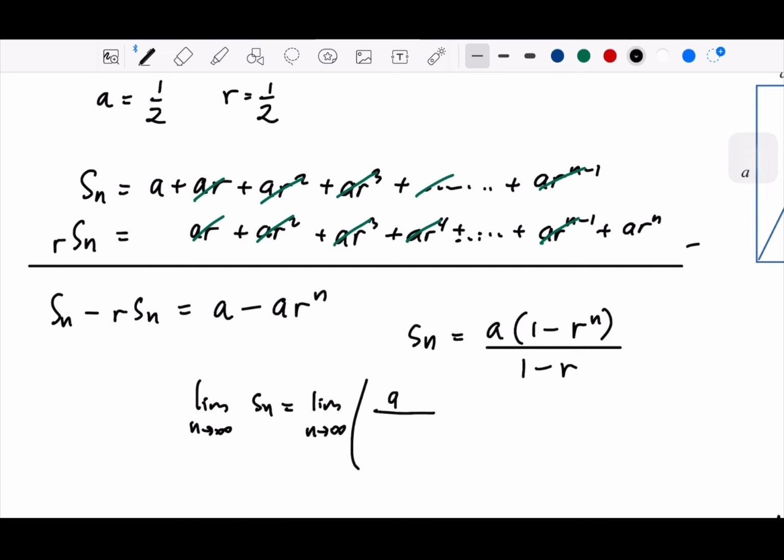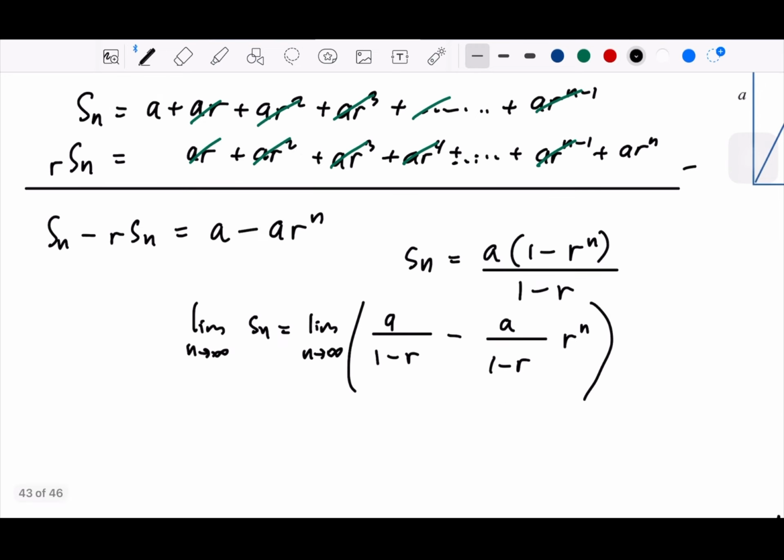Let me divide it into two separate expressions. So this is the first expression, and the second one is A over 1 minus R, multiplied with R to the power of n. Okay. And we could take the A over 1 minus R factor out, because this is a constant, right? And we focus the limit only on R to the power of n.